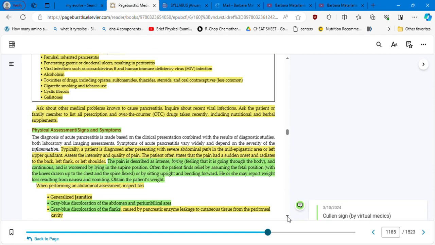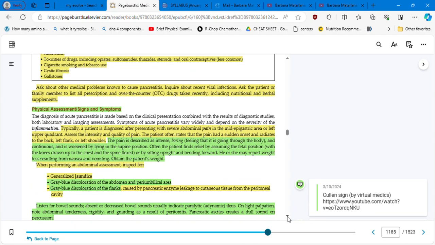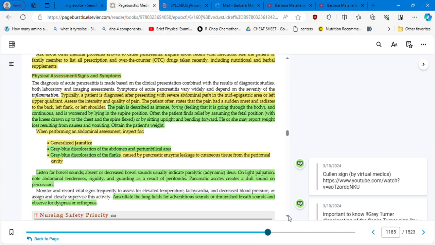So ask about other medical problems that cause pancreatitis. We spoke about the viral infections and the family history, and also ask what over-the-counter drugs the patient is taking, including nutritional and herbal supplements, okay?